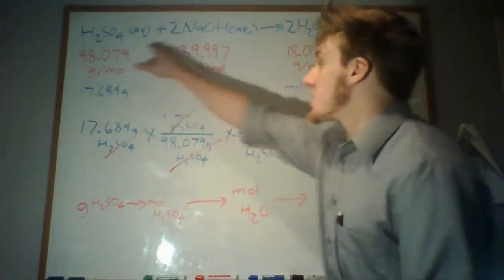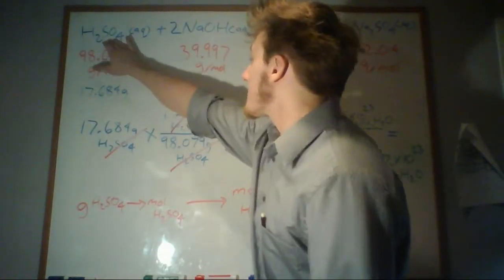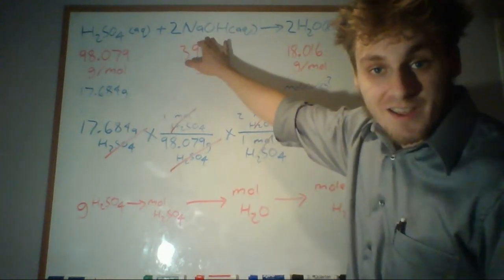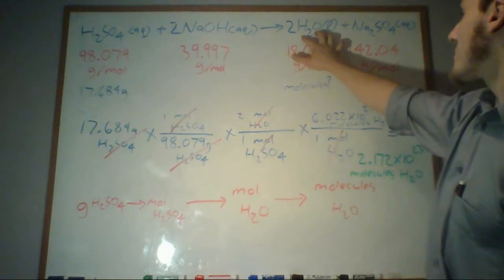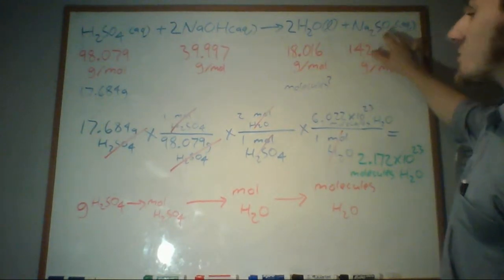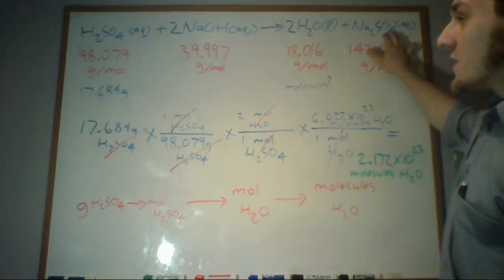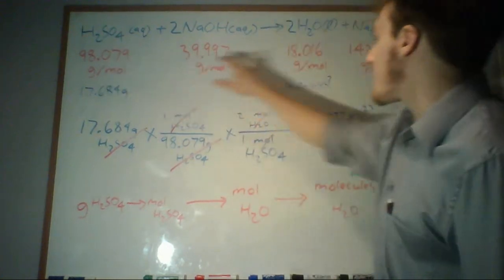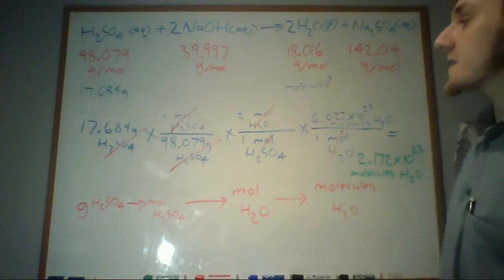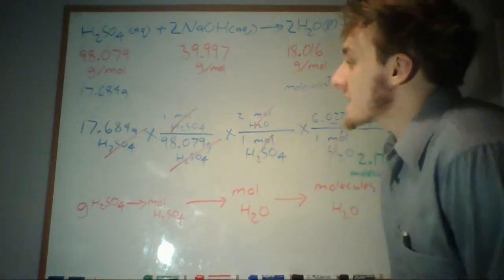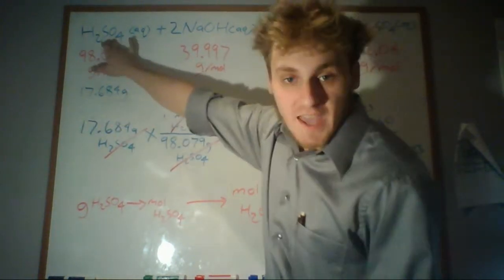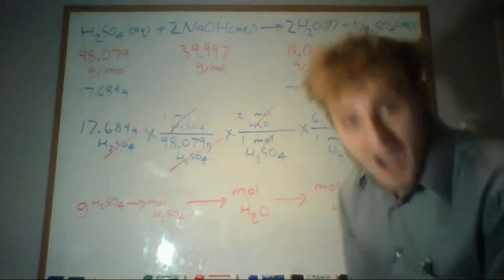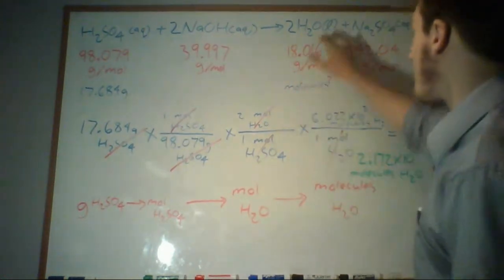There was this reaction here between sulfuric acid and sodium hydroxide. Now, when these guys react together, we should get some water produced and some sodium sulfate produced. Then I had the molar masses of each one of these compounds listed here. And I said if we had 17.684 grams of sulfuric acid, how many molecules of water should we produce?